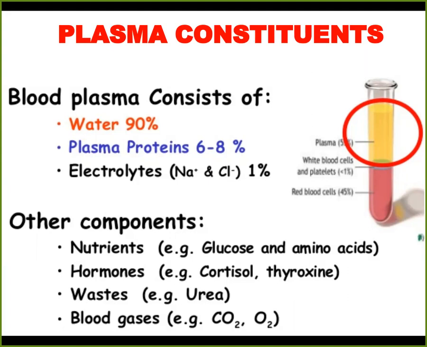Other components again take place in blood, in plasma. It's hormones, glucose, amino acids, and some wastes which we discussed in the previous lecture. But all these components are present in very small amounts. That's why usually for checkup we measure the main components of plasma.